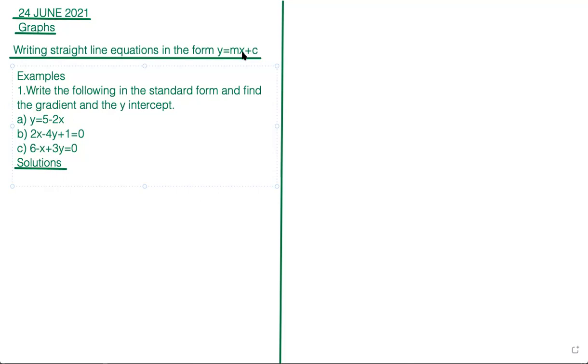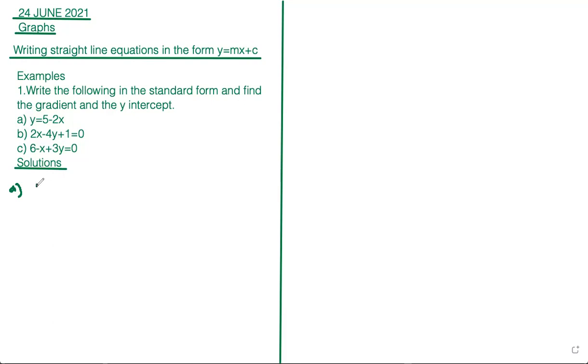So let's start with the first one, part A. Now this one, we want it to be in the form y is equal to mx plus c. So it means we must have the x term first, and then the rest comes later.